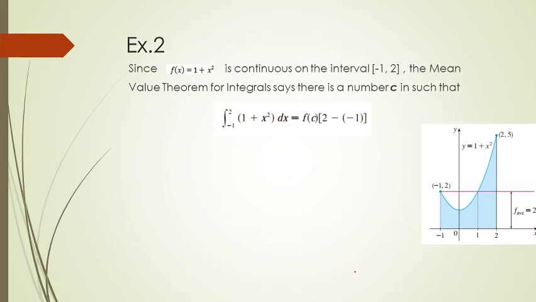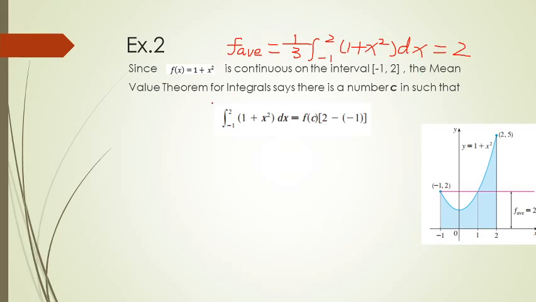Let's check this example again. We have already worked out the average value: it's 1/3 times the integral from -1 to 2 of f(x) dx, and the average value is 2.